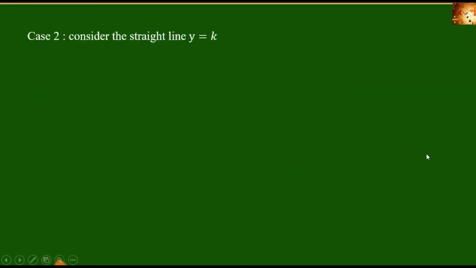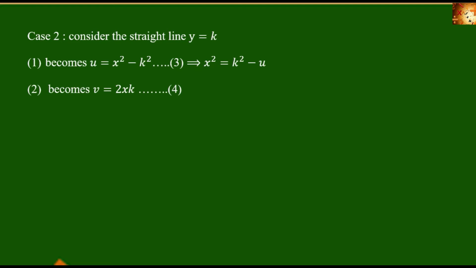Similarly, the next case we are considering is the straight line y equal to k. Here also we want to eliminate x and y from equations 1 and 2. So u becomes x square minus k square. From that, x square equal to k square plus u, and our v becomes 2xk. Here also I am squaring this. So v square equal to 4x square k square, which implies v square equal to 4k square into u plus k square.